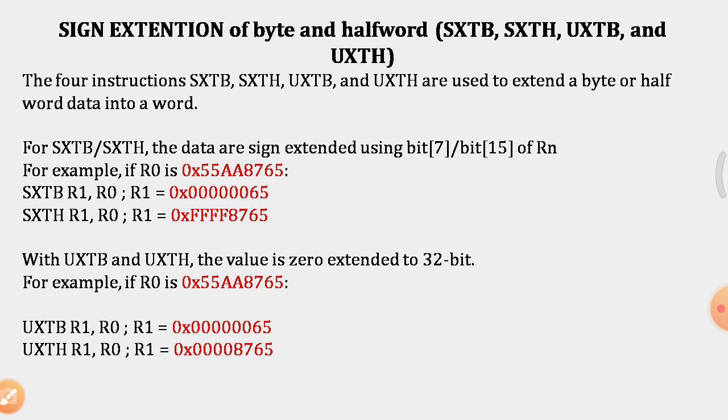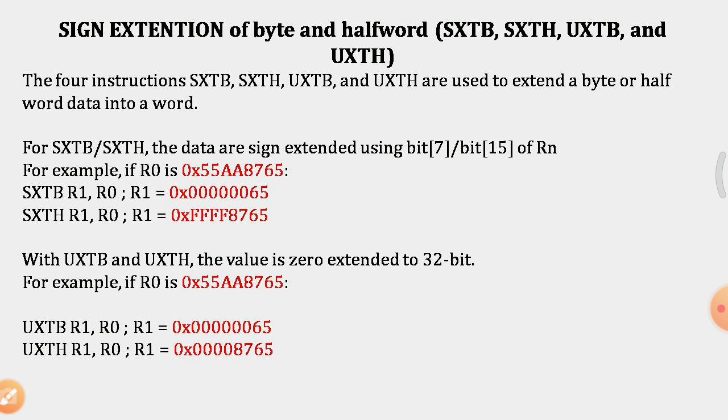Next, sign extension of byte and half word. That is sign extension. We are going to extend a sign. If it is a positive number, 0 is going to be extended. If it is a negative number, 1 is going to be extended according to its sign.